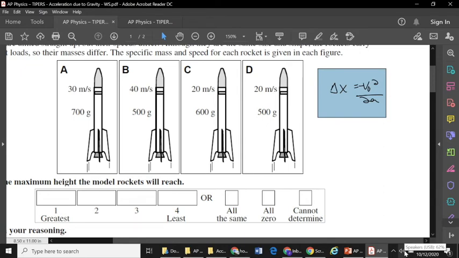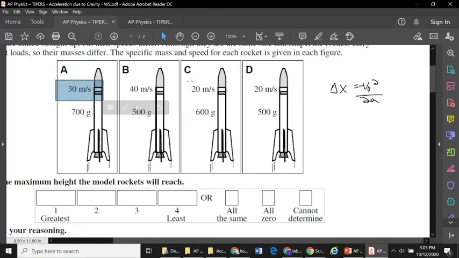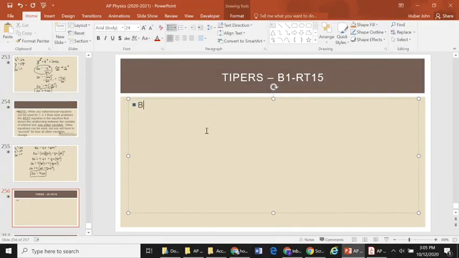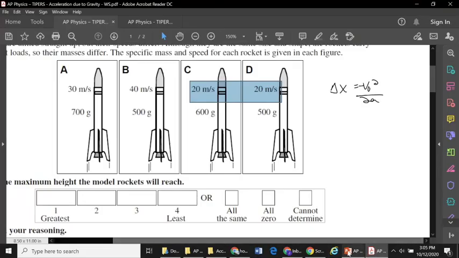And that's really the only thing that determines the maximum height. And so since B has the largest initial speed, it will have the largest maximum height, then A, and then C and D have the same initial speed, and so they'll reach the same height. And so that would make your ranking B is greater than A, which is greater than C, which is equal to D.